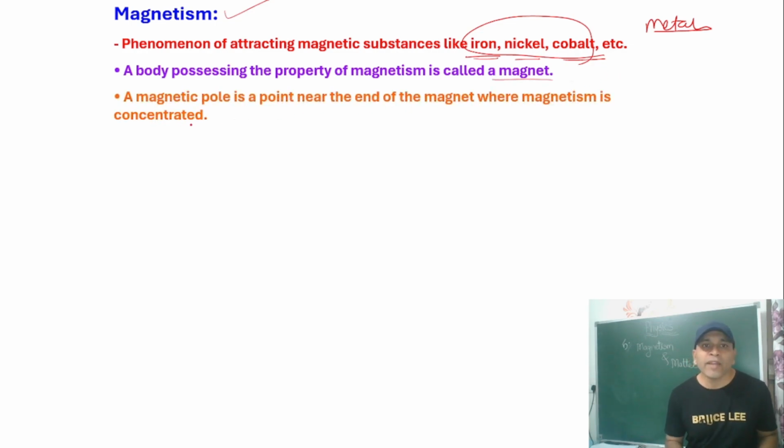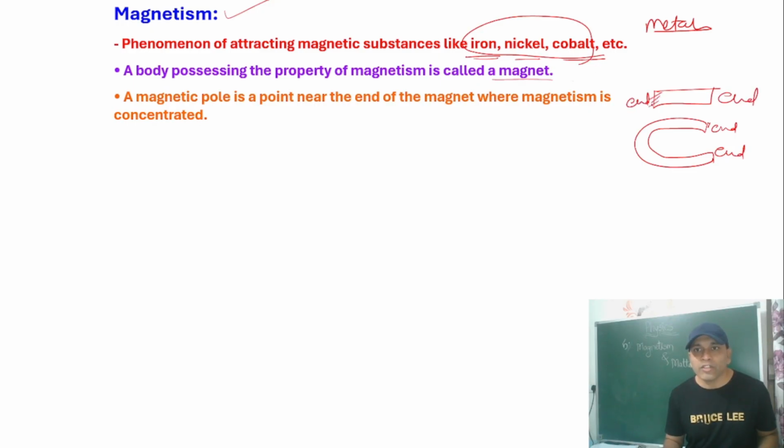Next, a magnetic pole is a point near the end of the magnet where magnetism is concentrated. Obviously, if there is some shape, the end of that material is there. This is one end, and this is the other end.